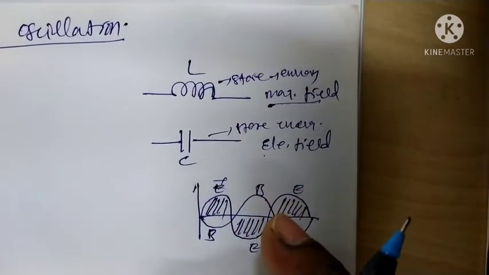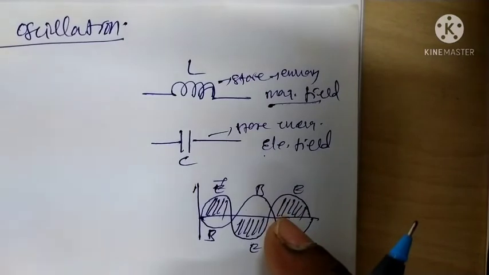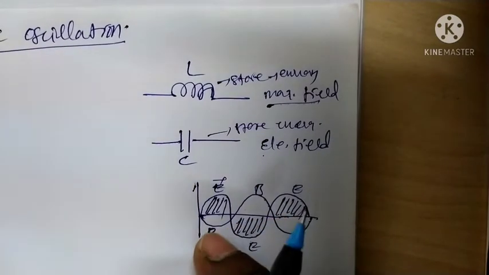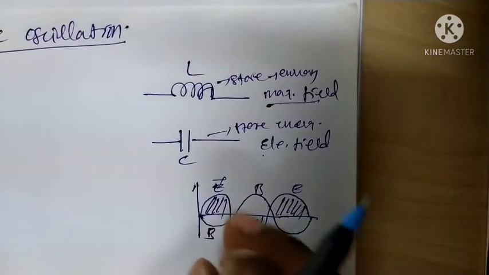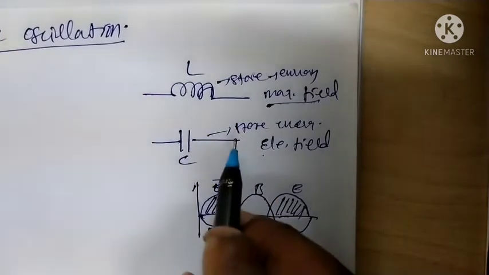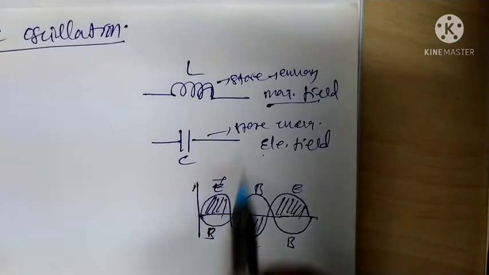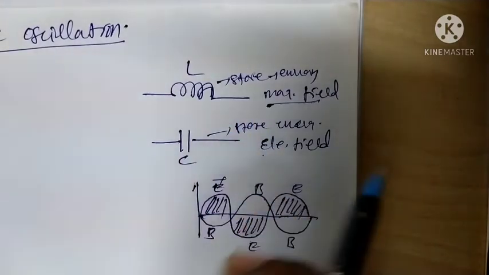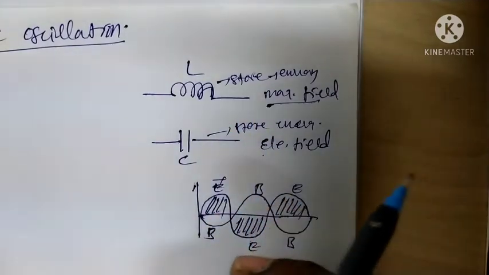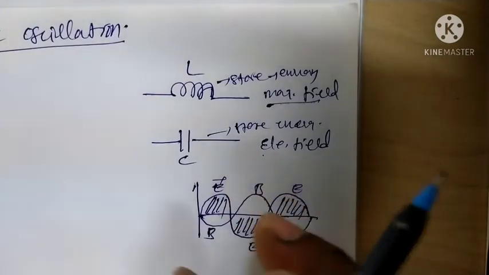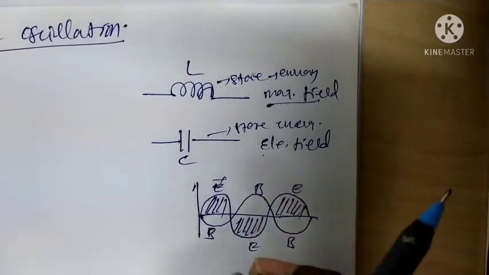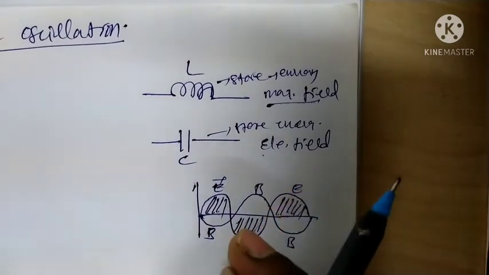This type of changing of the electric field or magnetic field is called oscillation. The electric field is in the capacitor, the magnetic field in the inductor. This changing of magnetic field and electric field in the LC circuit is called LC oscillations.